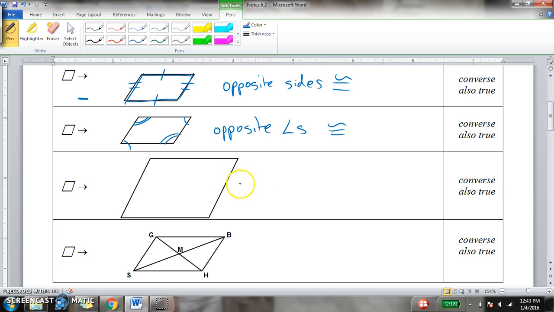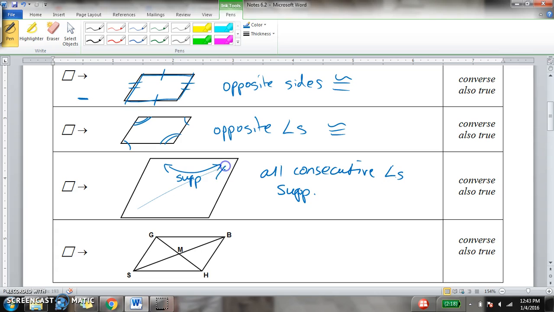Next one is a little bit trickier. We say that all consecutive angles are supplementary. I'll explain what that means in a second. Consecutive, instead of opposite, which means across from, means right next to. So this angle and this angle are supplementary to each other.